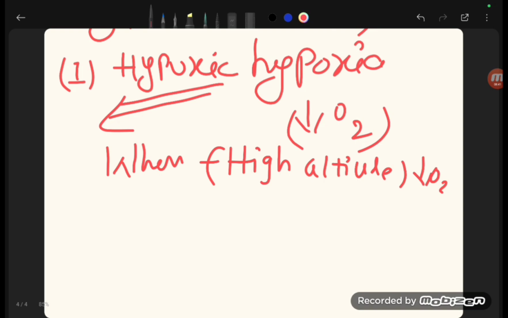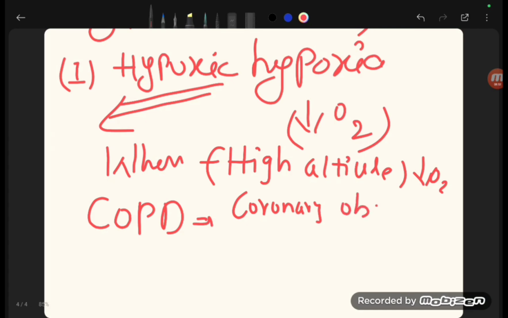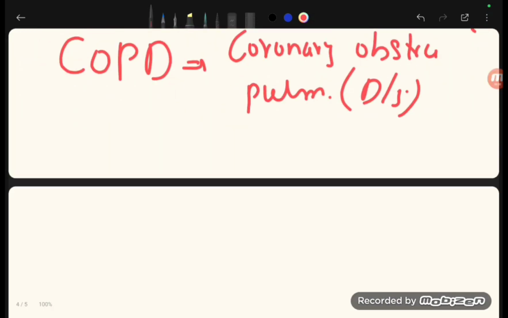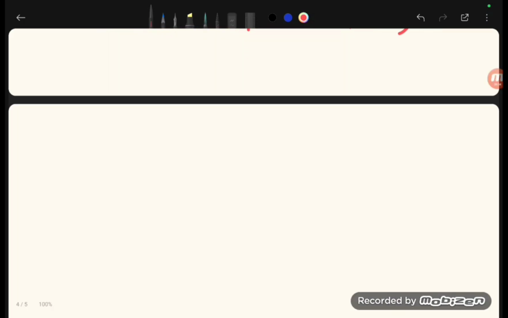Or in cases of some COPD, chronic obstructive pulmonary disease, we will get hypoxia.